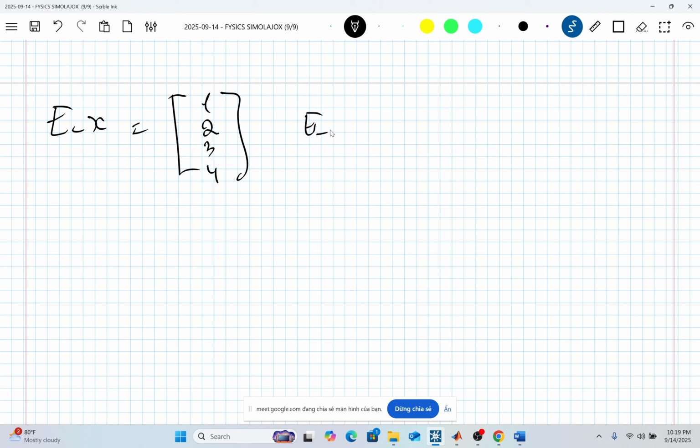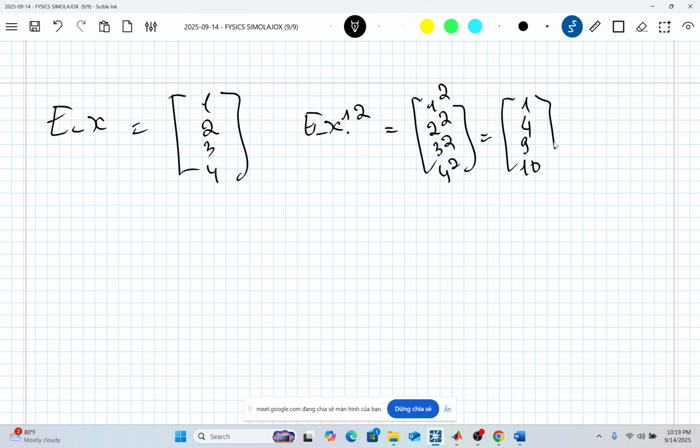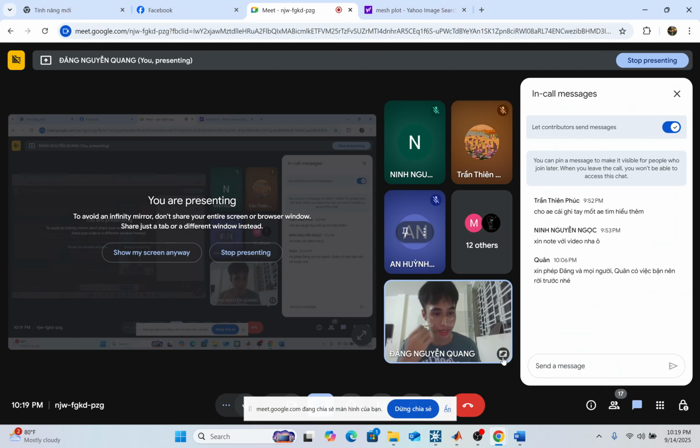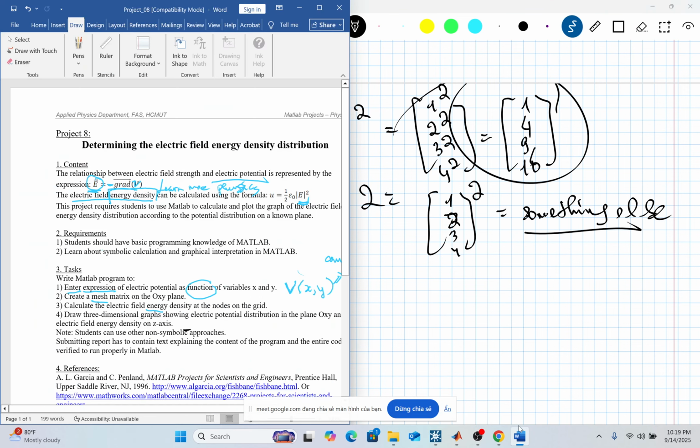And if I take EX and do the element-wise power of 2, I am raising each element here to 2, and it's gonna be 1, 4, 9, and 16. If I don't have the dot here, it's gonna be the full matrix power of 2, and it's gonna be something else, something different. We don't want this, we want this. That's why.